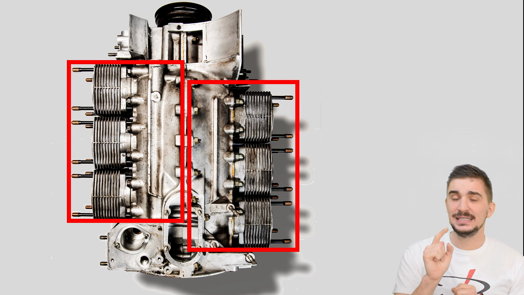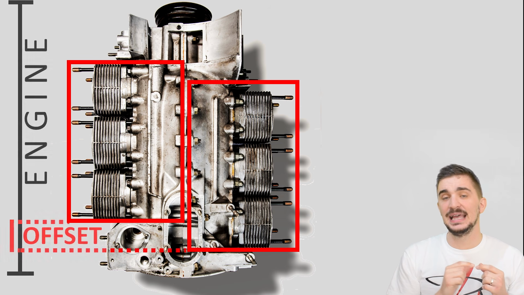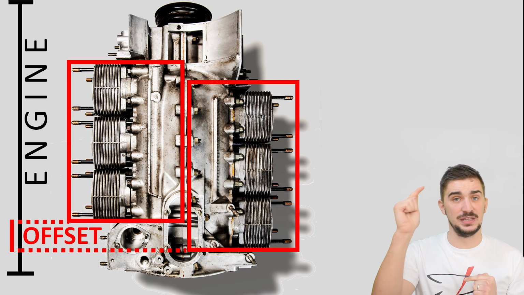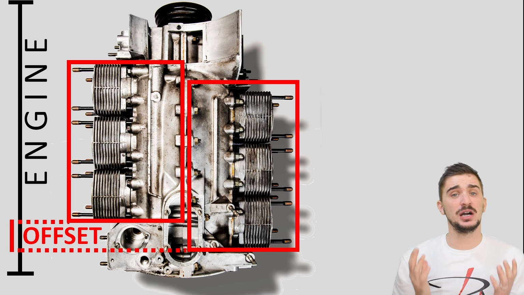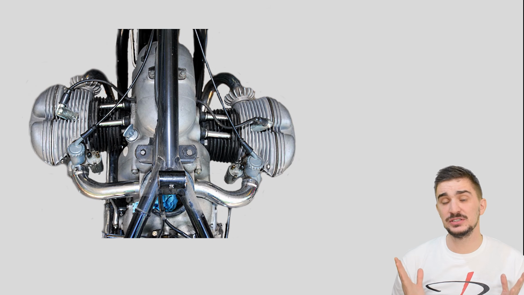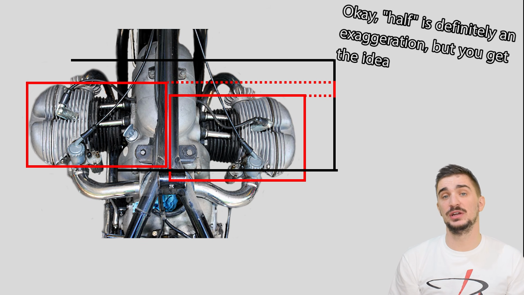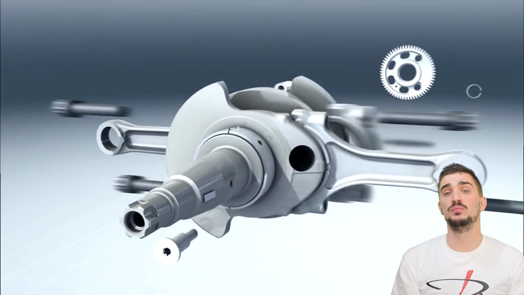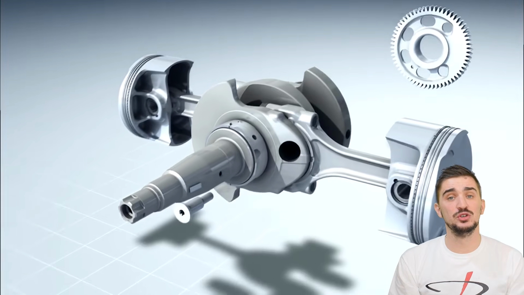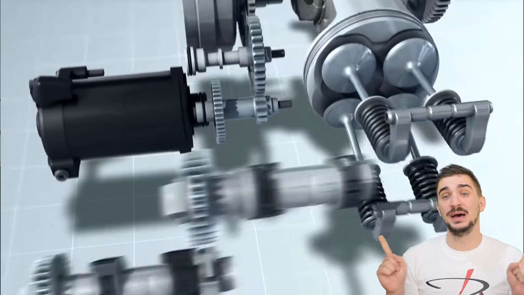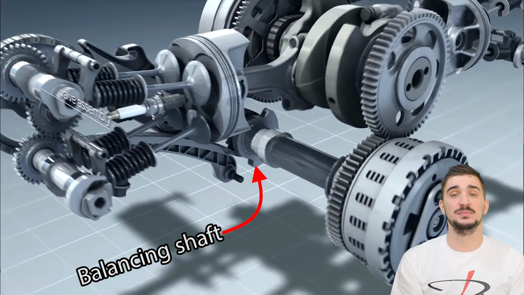But what's important is the size of the offset in relation to the size of the engine. For example, in the boxer twin engine, which is only 2 cylinders, the size of the offset is almost half the engine, which means that it creates significant imbalances. For example, BMW motorcycles have these engines in them, and you will see that more modern versions of the BMW boxer twin actually use balancing shafts to get rid of these imbalances.